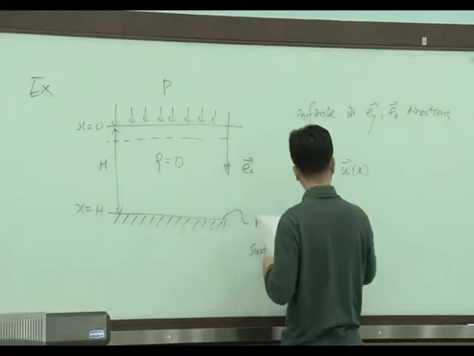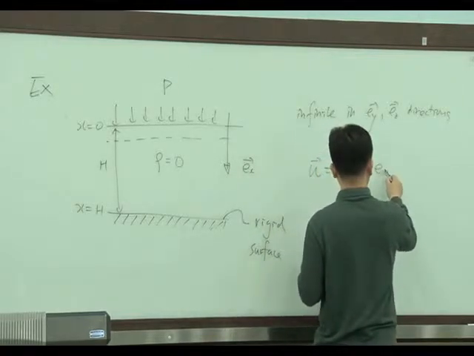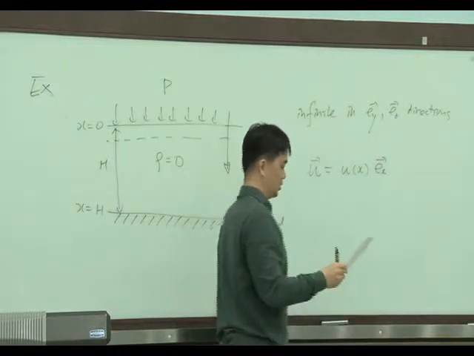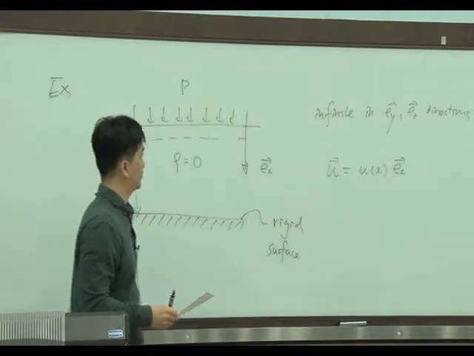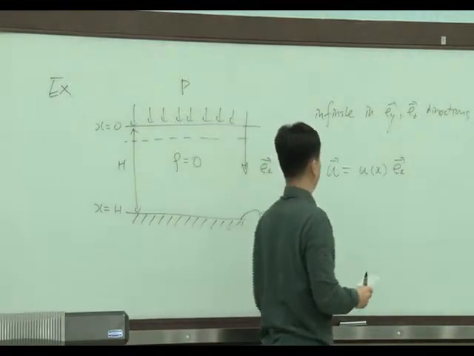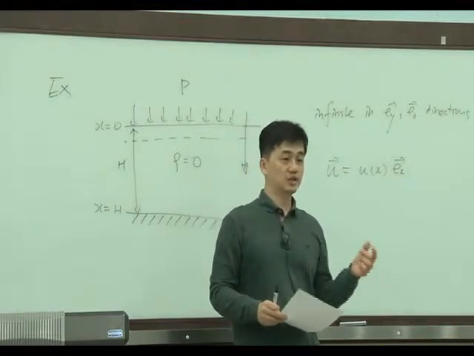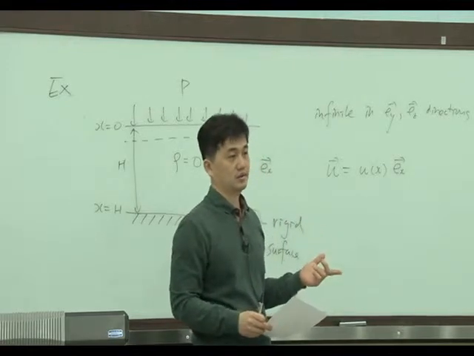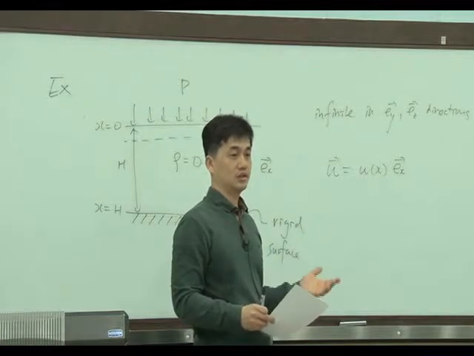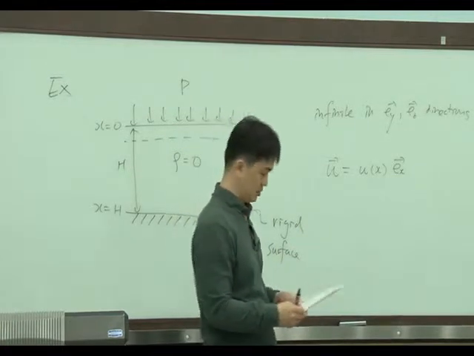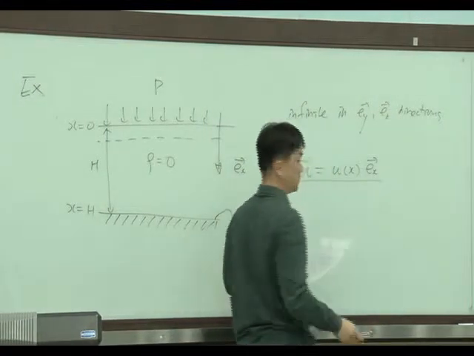So we can assume u is the displacement in x. This will be the displacement field. Of course, you can assume y and z displacements here, but in the final solution, they will disappear, right? Okay, so we start from this displacement field.